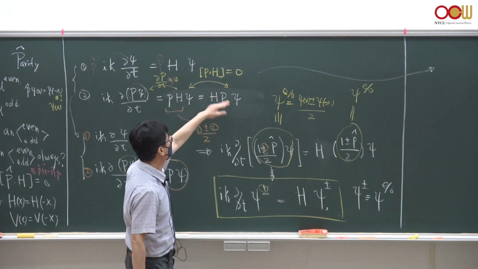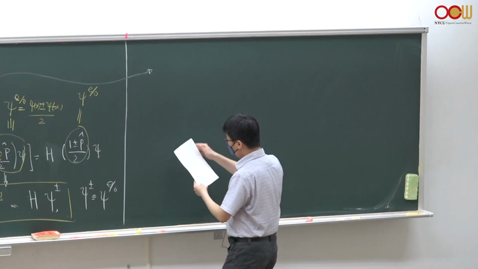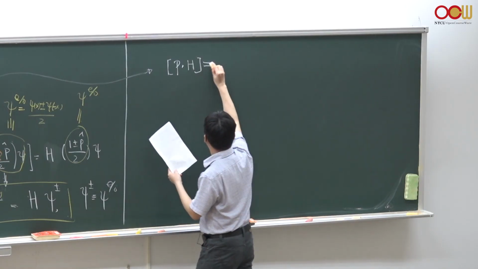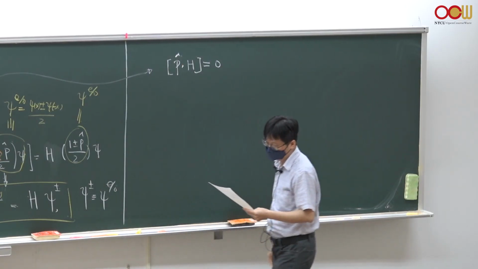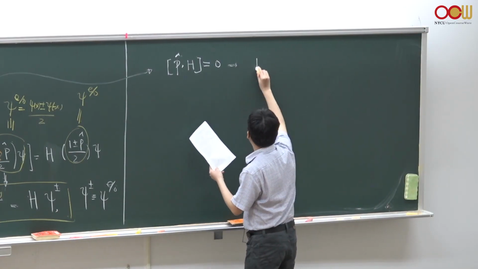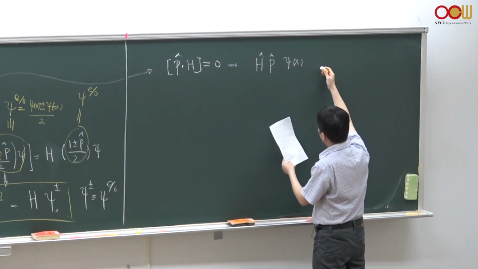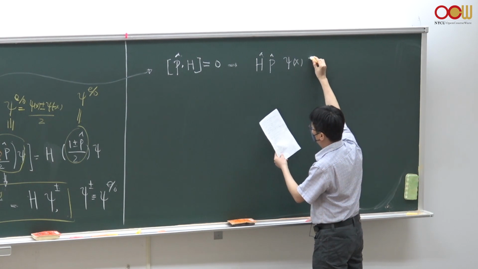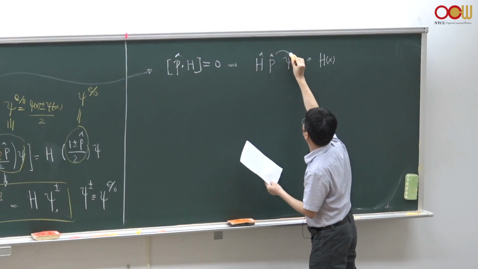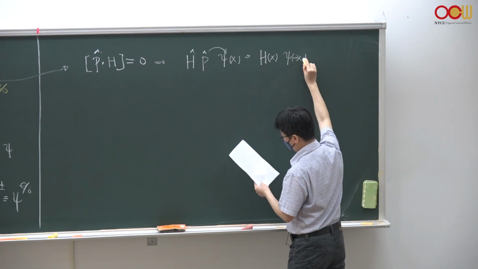So let's just look at this condition that this parity symmetry is present, and let's look at this consequence of this vanishing of the commutator between the parity and Hamiltonian. So this tells us that if I apply this operation onto any Schrödinger wave function, the eigenfunctions, I get H of x. After the first operation, I get psi of minus x.